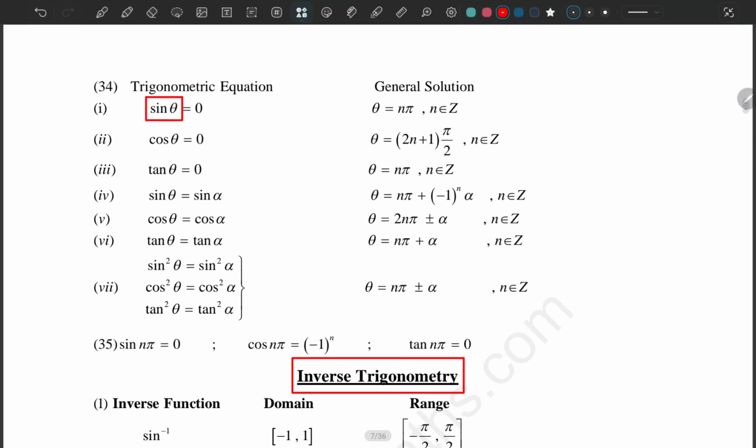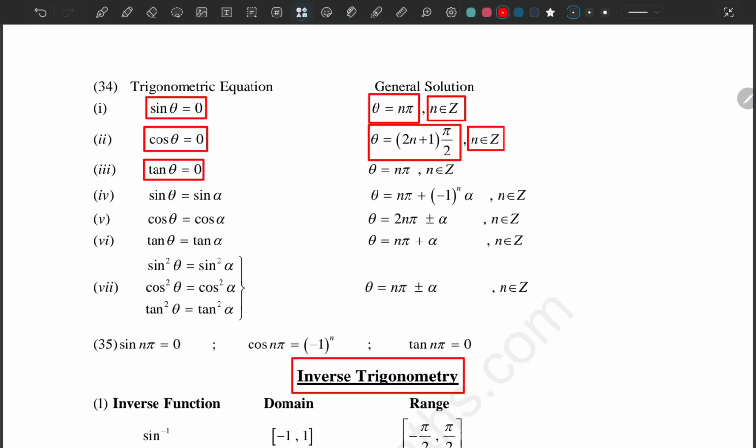So if sine theta equals 0, then the general solution is theta equals n pi and n belongs to z. Okay, if cosine theta equals 0, then theta equals 2n plus 1 times pi over 2, again n belongs to z. If tan theta equals 0, then theta, same as sine theta equals 0, that is theta equals n pi, and n belongs to z.